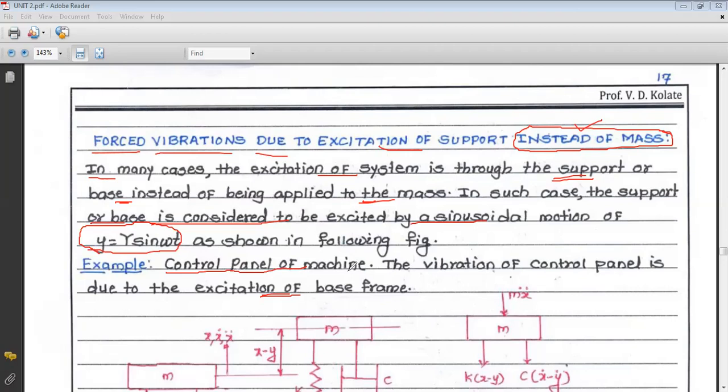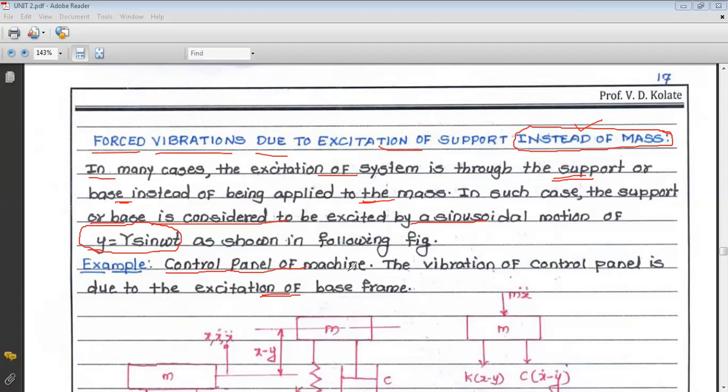Another example: an automobile running on a rough surface. The rough surface is considered as an approximate sinusoidal wave. Because of that rough surface, the car, or we can say the vehicle or automobile, is vibrating because of the excitation of the base frame, or the excitation of support.